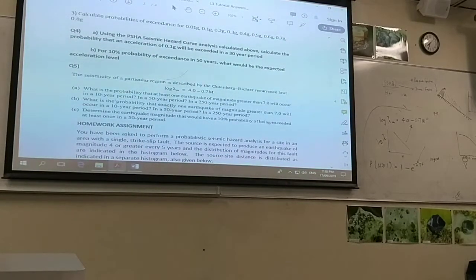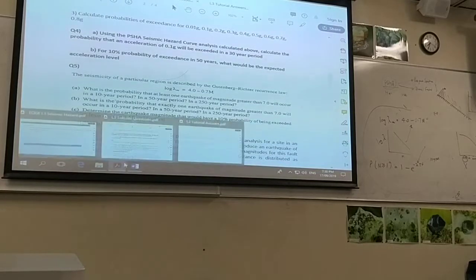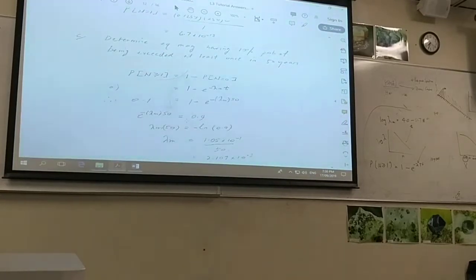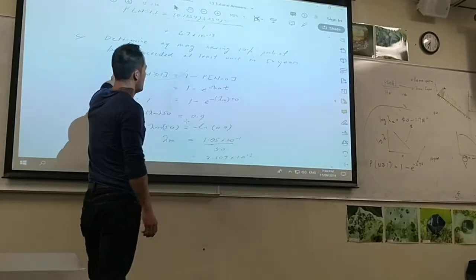And now, here's another type of question which is similar to the one that I did from the notes. Determine the earthquake magnitude that will have a 10% probability of being exceeded at least once in a 50-year period. What I'm interested in here is to determine the magnitude for a 10% probability.